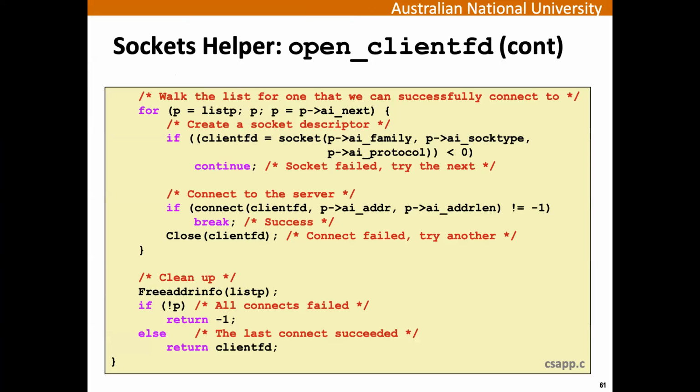Okay, so we are trying different connections here. This is protocol independent, and it handles the case where multiple IP addresses are used by a specific service domain.